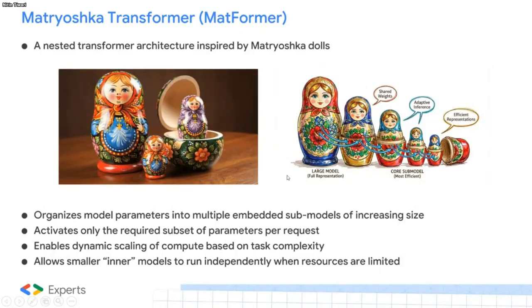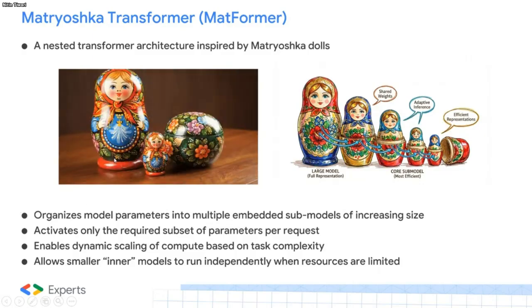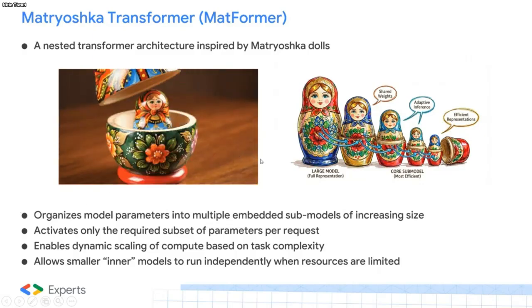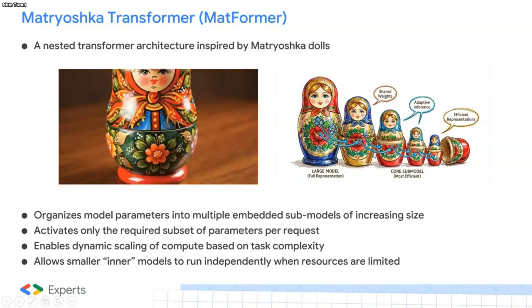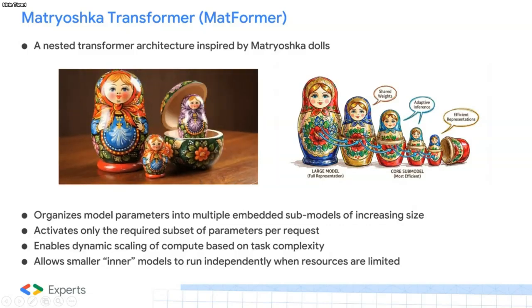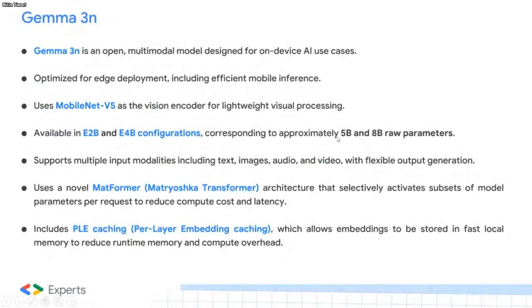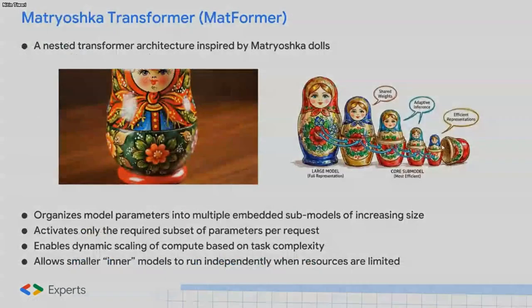If you notice this image, the model parameters are arranged in a way where a submodel can be used without the need of using the bigger model. That's why we were saying that it can effectively use 2 billion or 4 billion parameter models instead of using 5 billion or 8 billion parameters.